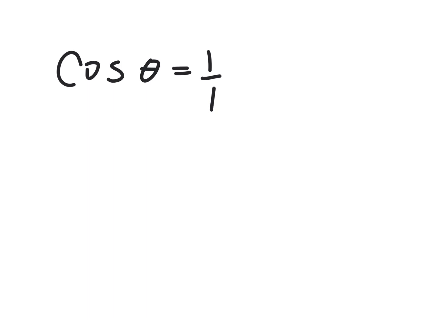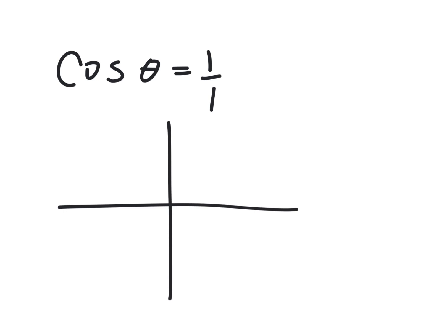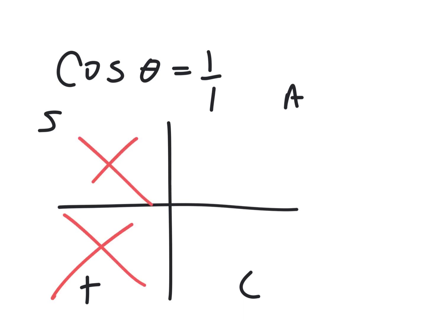So did you know we're supposed to start by making it 1 over 1? And then did you think about ASTC and cosine's positive, so it can't be here, can't be here. But wait, as soon as you draw one, I hope you go, wait a minute, I can't have adjacent and a hypotenuse be the same thing?